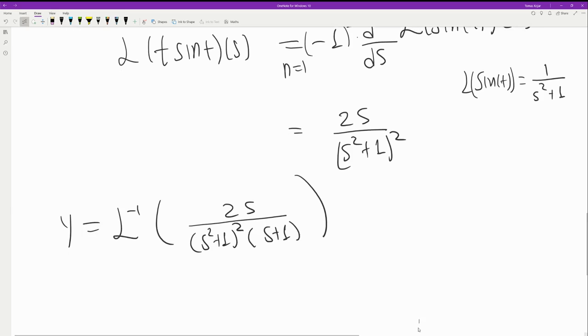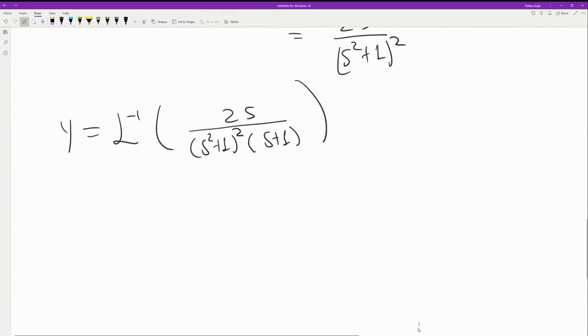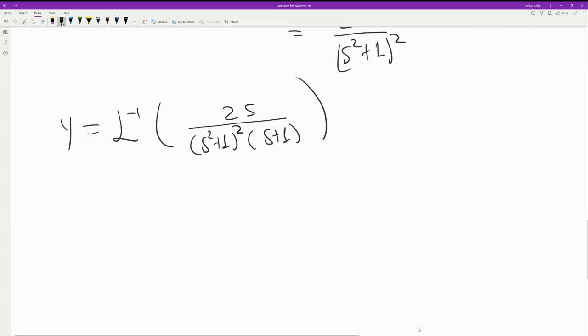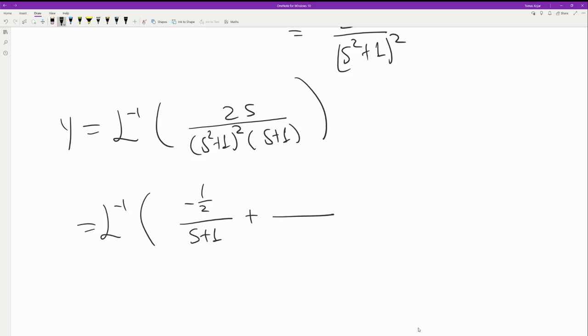Good. Now we have to do partial fractions. So what do I have? We have the first guy, minus 1 over 2(s plus 1). My next guy, (s minus 1) over 2(s squared plus 1), and then (s plus 1) over (s squared plus 1) squared.